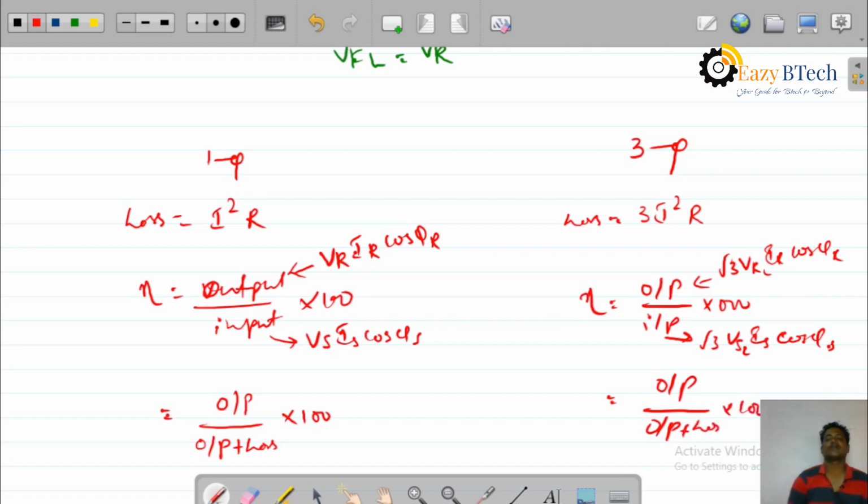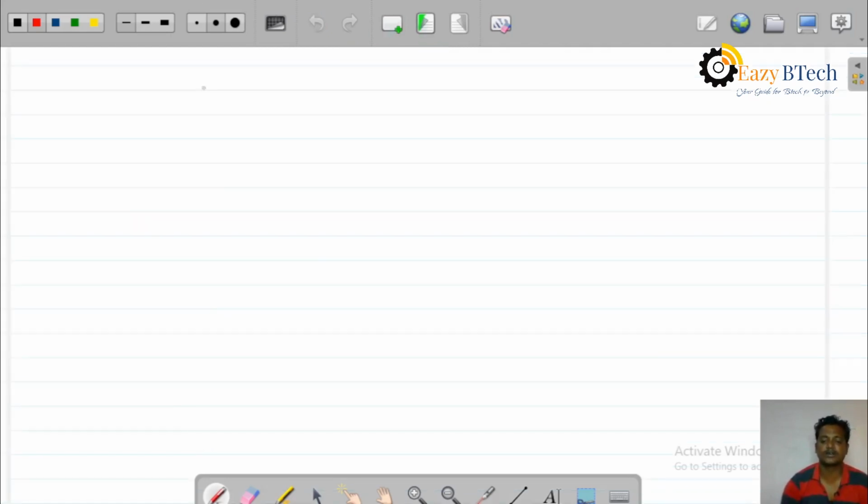Okay, this is the way we will calculate the efficiency and the regulation of a transmission line. Now we will see the problem on this short transmission line, how to calculate the performance of a short transmission line by using these formulas.